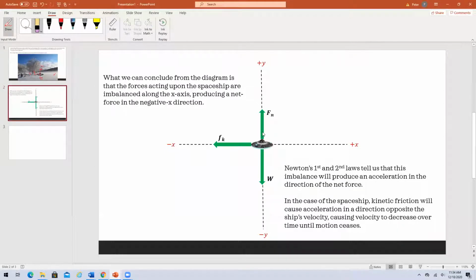We have our weight, we have our normal force, basically matching the weight, since the weight is the only downward force, or the only force pressing down on that surface. And then we have the kinetic frictional force, dragging it back into the negative x direction, and really nothing in the positive x direction as far as force goes. Okay, so let me go back here.